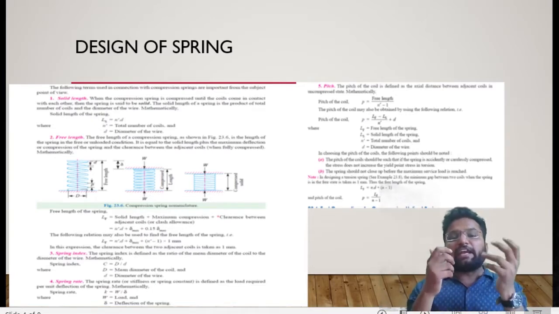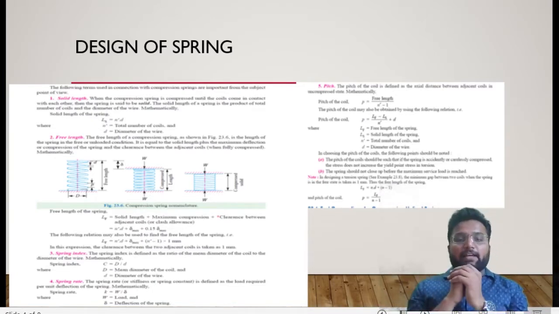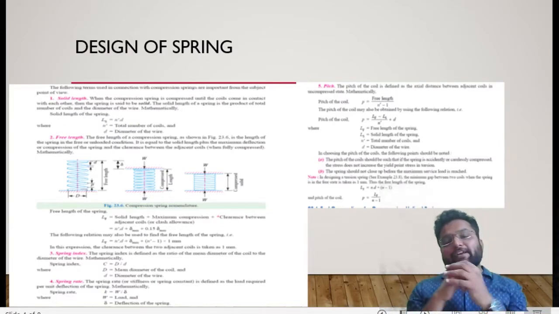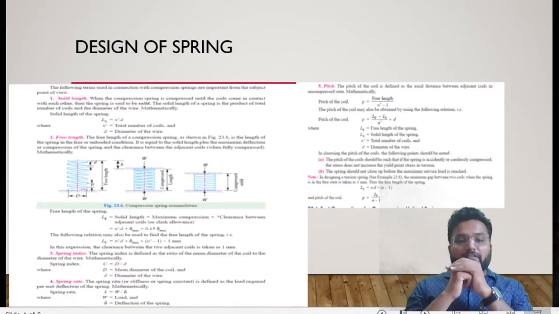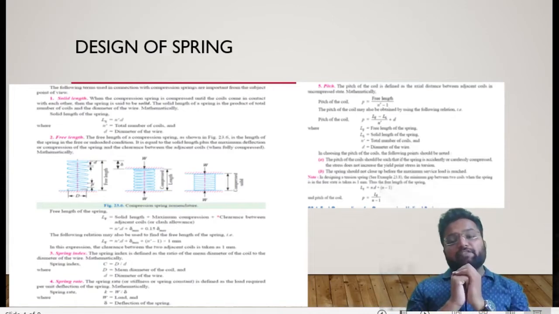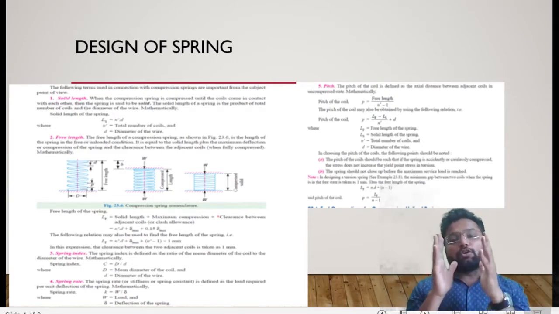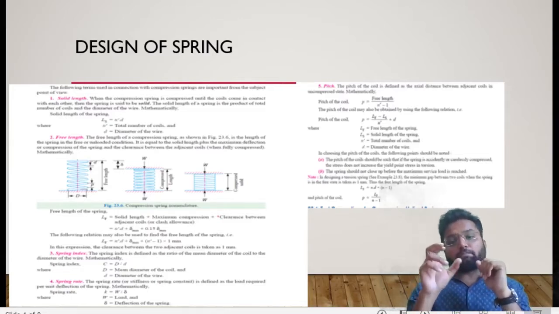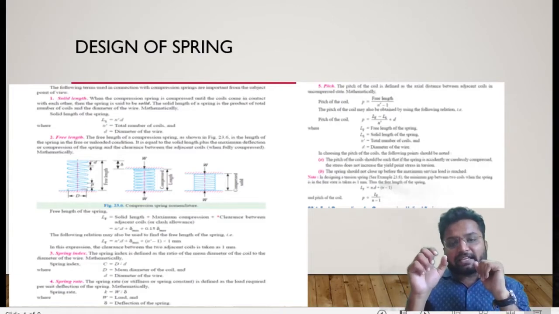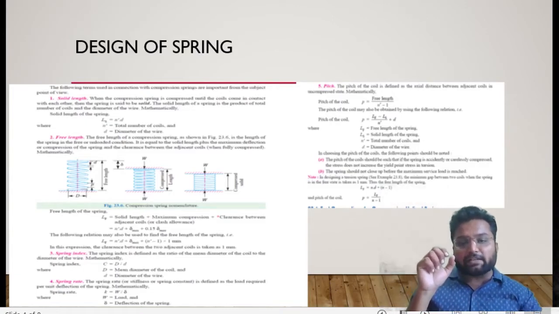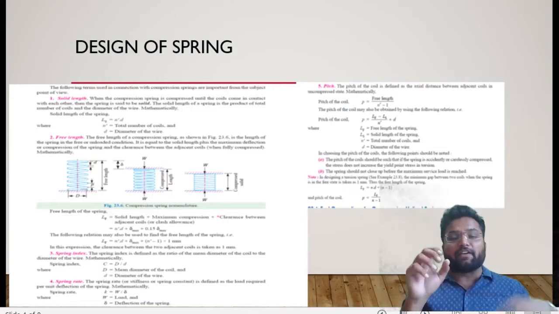Second thing is free length. What is free length? When we remove any kind of force from our spring, it attains its maximum length without any stress or force, and that is called free length. This free length can be represented by solid length plus maximum deflection plus clearance. Here, clearance is represented by 0.15 of the maximum deflection.